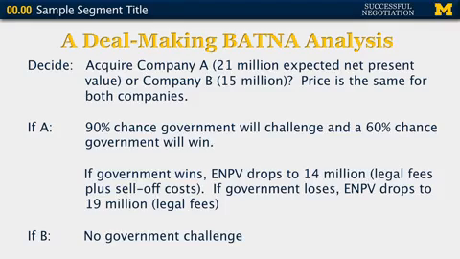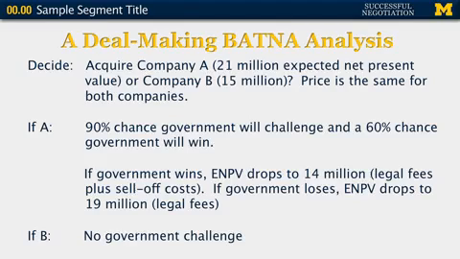If the government wins, the value of A drops to $14 million because of legal fees plus sell-off costs. Even if the government loses, the value drops to $19 million because of legal fees. Whereas if you acquire company B, there's not going to be a government challenge. We know that. So before you do a decision tree analysis, what would be your gut reaction?